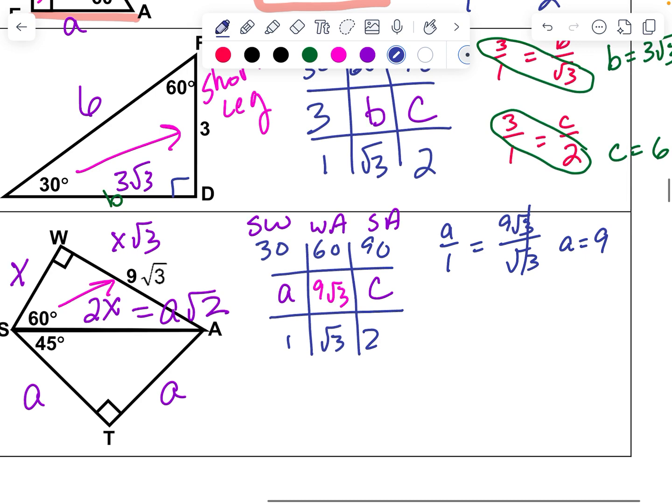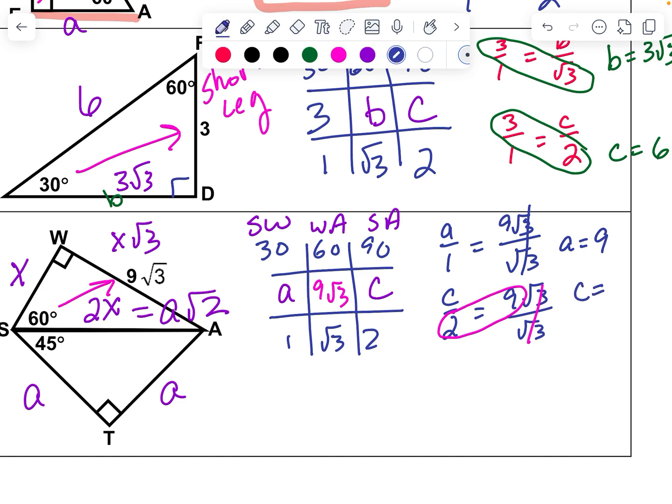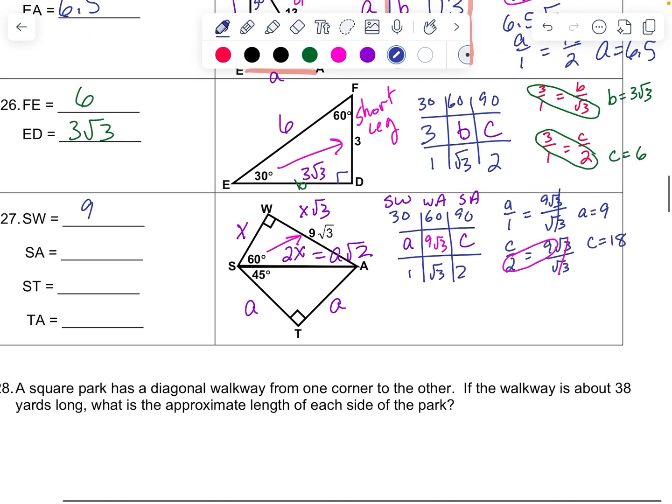Then to find my longer leg, I've got C over 2 equals 9 square root 3 over square root 3. All right, the square root 3 is going to cancel out. And then I need to multiply 2 times 9. So I need to do my cross multiplication here. C is going to equal 18, which is 2 times 9. Okay, this is the hypotenuse. That is the side SA.